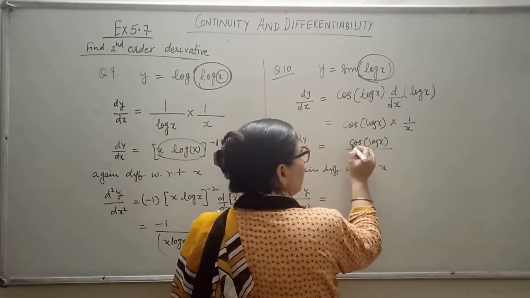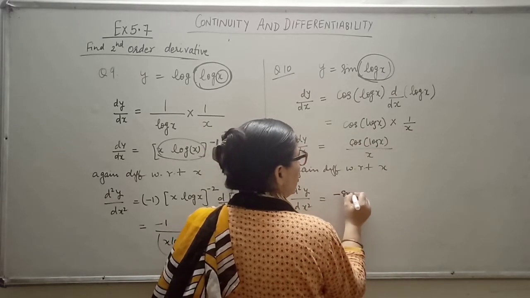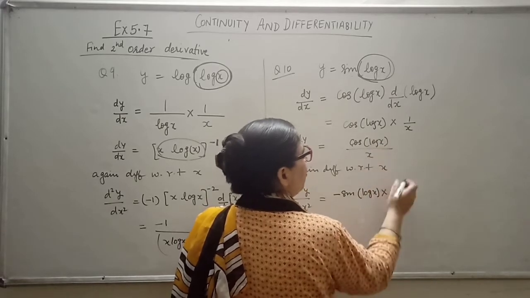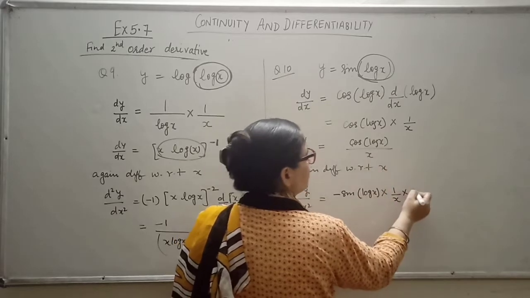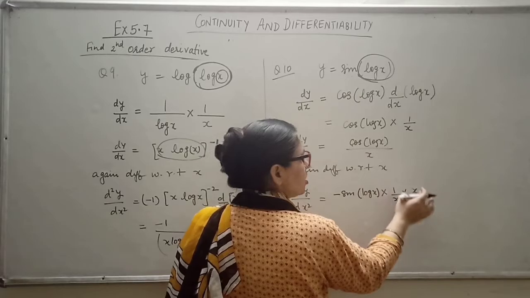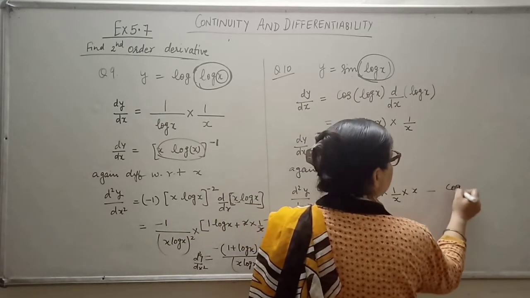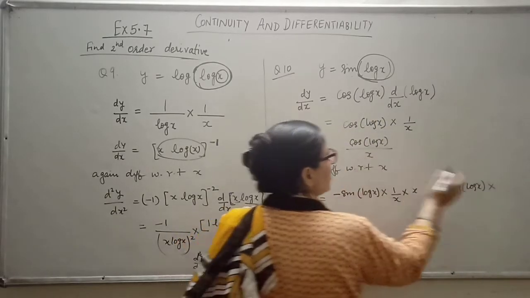So I will take the derivative of this cos of log x, that is minus sine of log x into derivative of log x, that is 1 upon x, into second function as it is, minus cos of log x, written as it is, into derivative of x, that is 1.